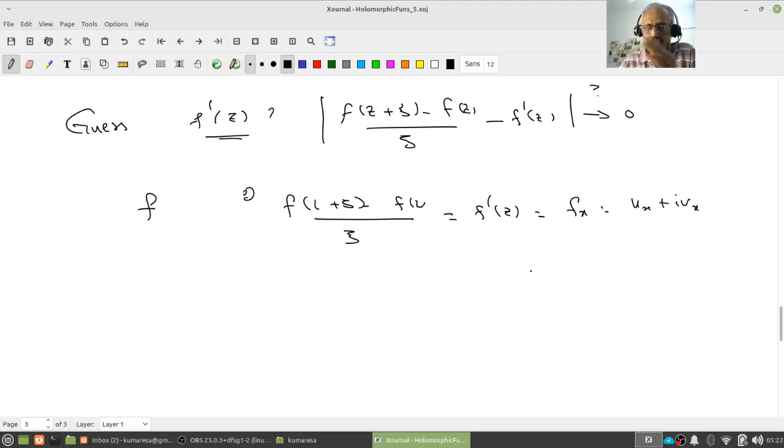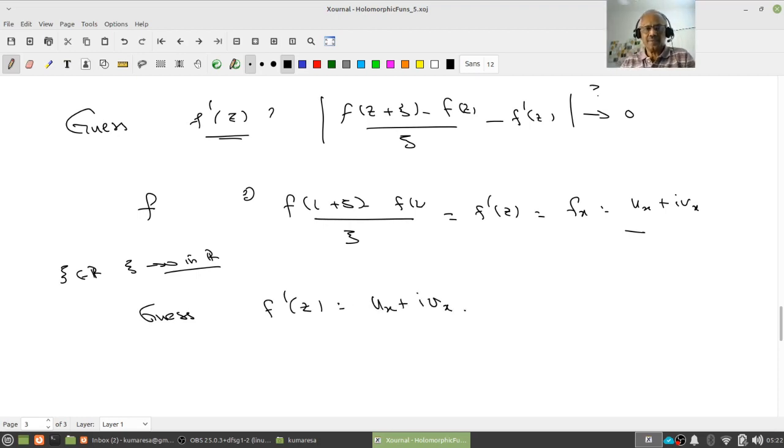This is the first CR equation we derived, where I allowed xi to belong to R and xi go to 0 in R. Using that we got this. Recall this. This gives us a candidate. So my guess is f dash z is ux plus i vx.